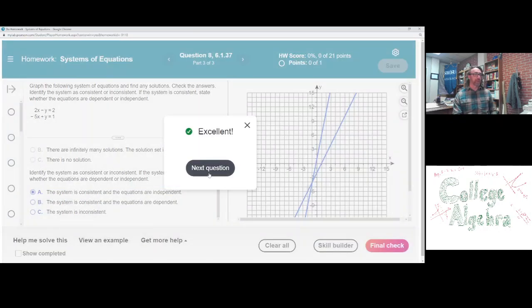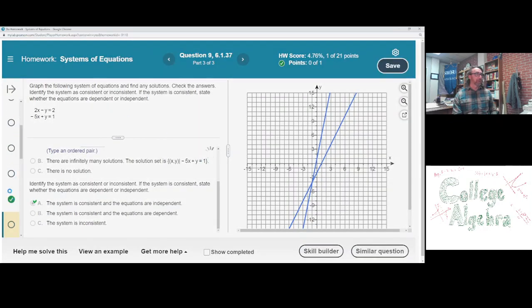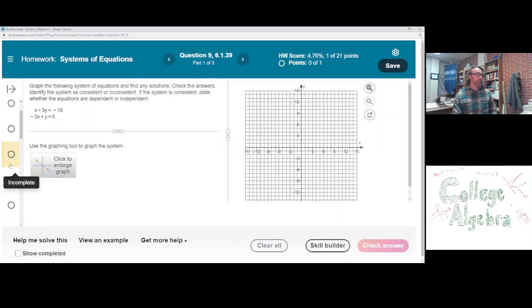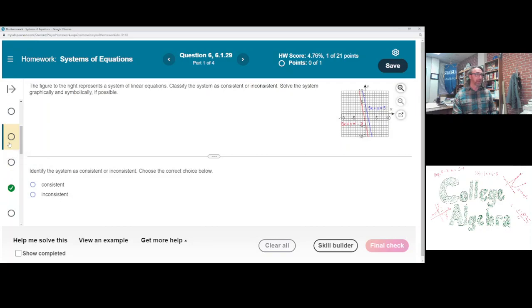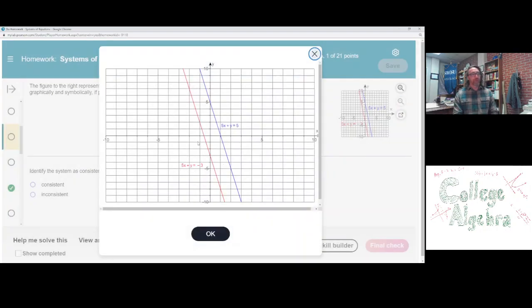Consistent, independent. Let me give you an example of an inconsistent system here. I want to actually go backwards in my set here. So they have graphed two equations. We can see the red line, 5x plus y equals -3, and the blue line, 5x plus y equals 5.